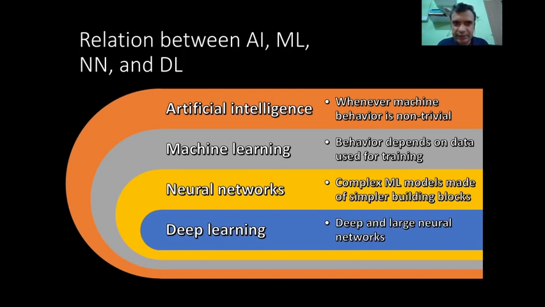However, machine learning is a subset of techniques under artificial intelligence where the behavior depends on the data used for training. So I may have one particular machine learning algorithm, but it will give me two different models if I use two different data sets to train it. I can use the same algorithm to train a model to recognize different species of flowers and different species of birds, right?